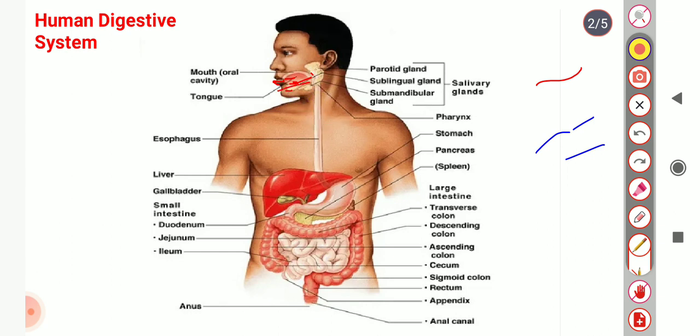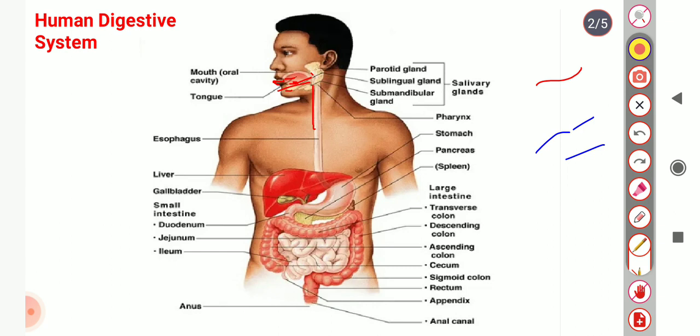The third one is the laryngopharynx, the most inferior portion of the pharynx. It leads to the oesophagus. The common function of the pharynx is the passage of food and air.